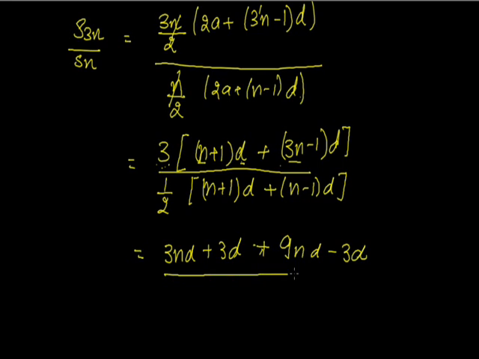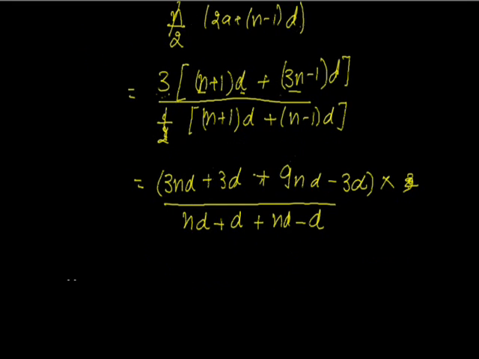Similarly in the lower case, the 2 in the denominator goes up and n by 2 cancels out, so we don't have to write 2. In the lower case it becomes nd plus d plus nd minus d.